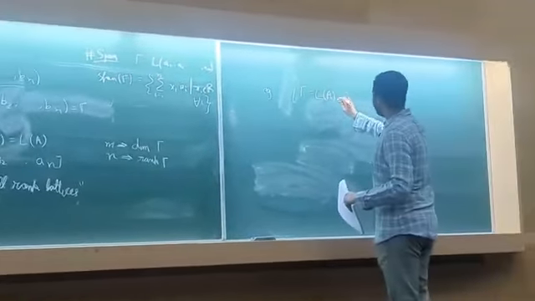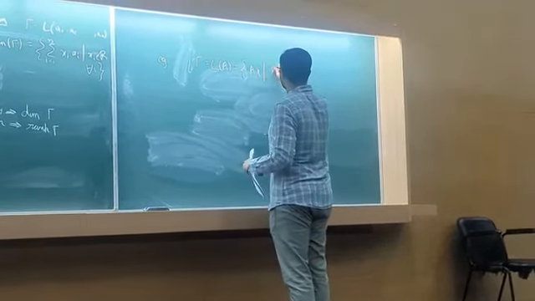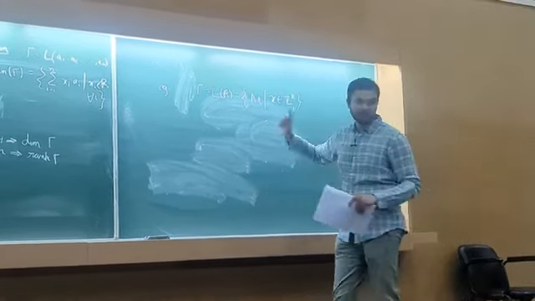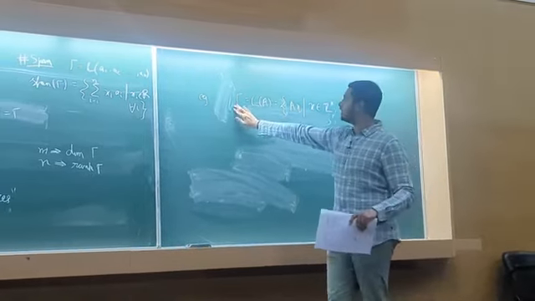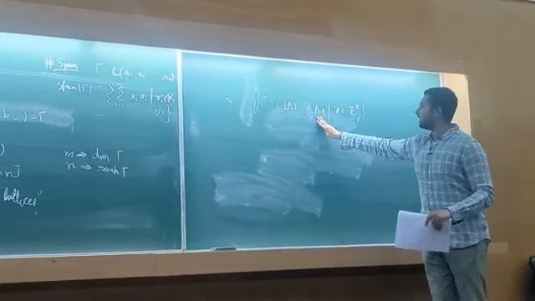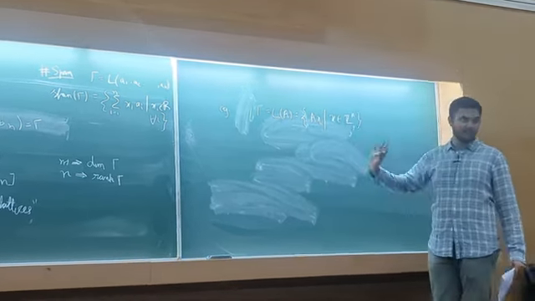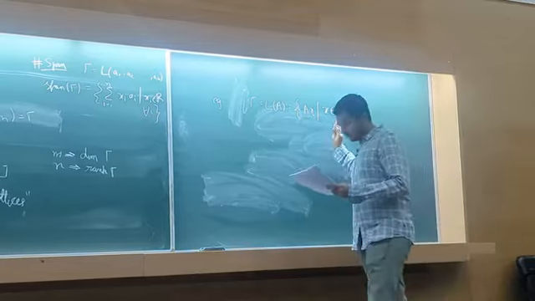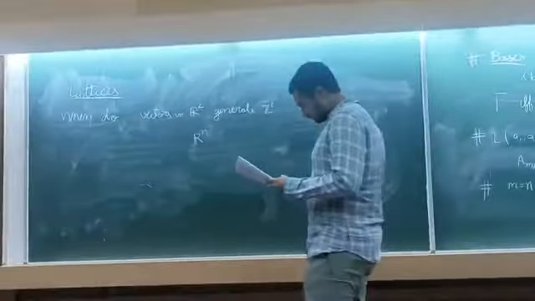So I can represent this lattice as the set of vectors A times x, where all the entries of x are integers. Does this make sense? Right? So this is just some food for thought that we can represent lattices in this way.